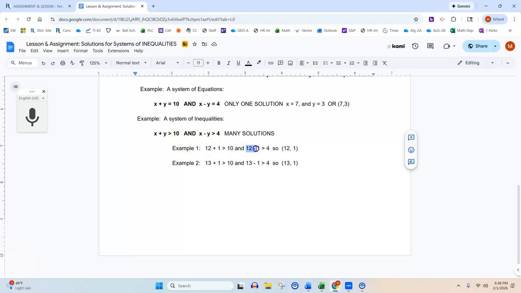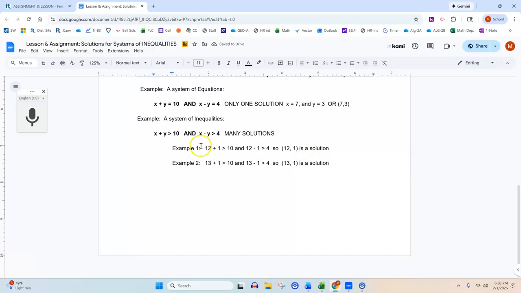And 12 minus 1 is greater than 4. So that's a solution. But also, if we change the x to make it bigger, 13 plus 1 is greater than 10, yes. And 13 minus 1 is greater than 4, yes. So another solution. So that's two solutions.